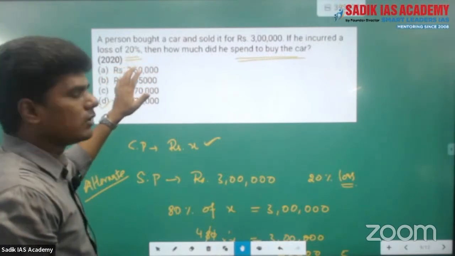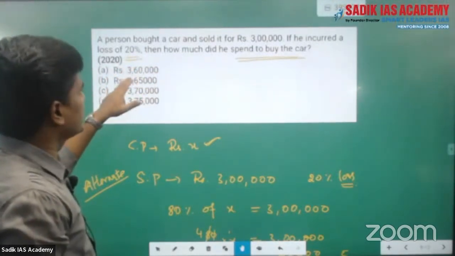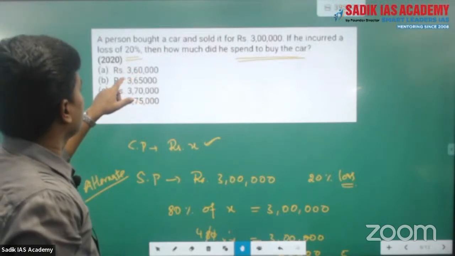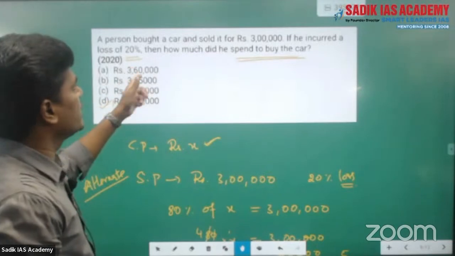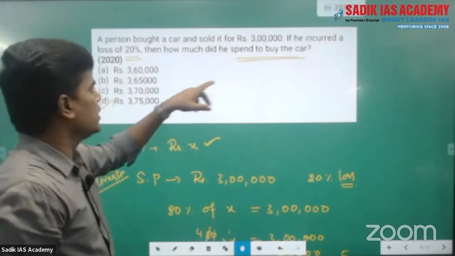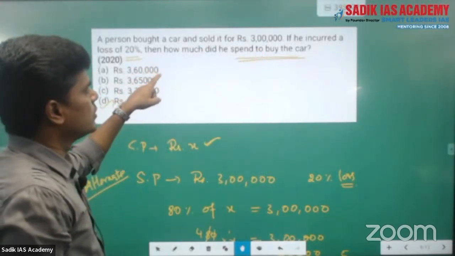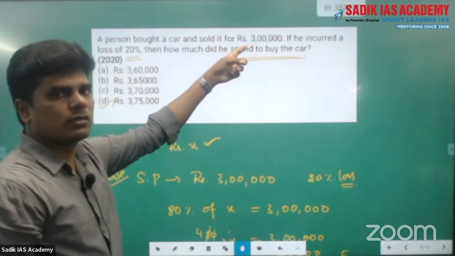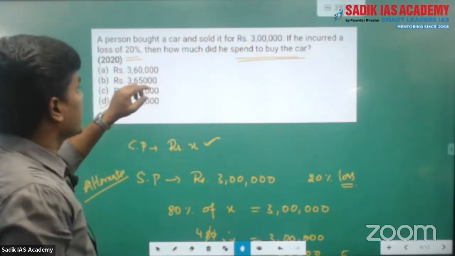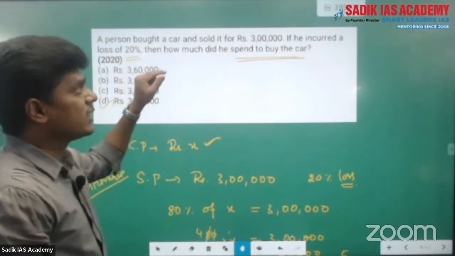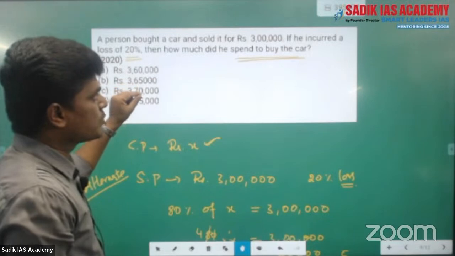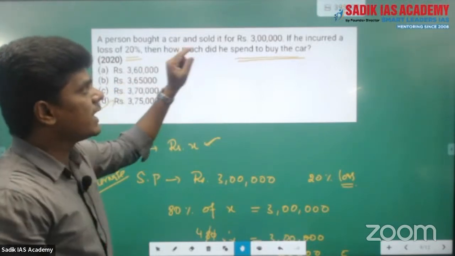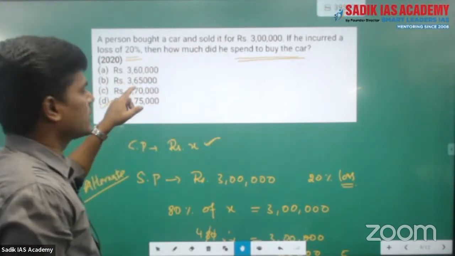If I find 80% of these cost prices, I should get 3 lakh. The option which satisfies that condition, where 80% of the cost price is 3 lakh, is the correct option.